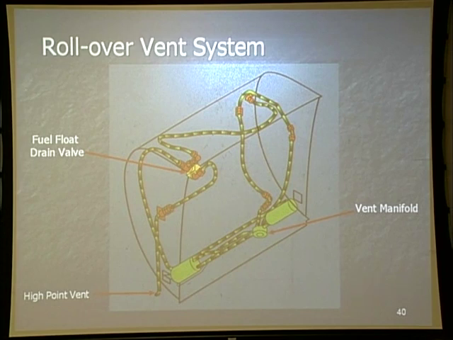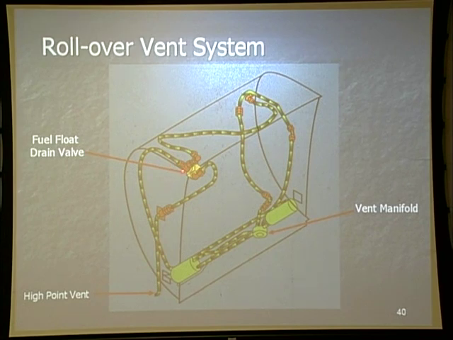So when it rolls over, the vent's now in the bottom of the tank, but the fuel is still only going to come up to whatever that fuel level was prior to the rollover. It wasn't all the way up to the very tippy top to begin with, so what makes anybody think it's going to make it to the tippy top now?